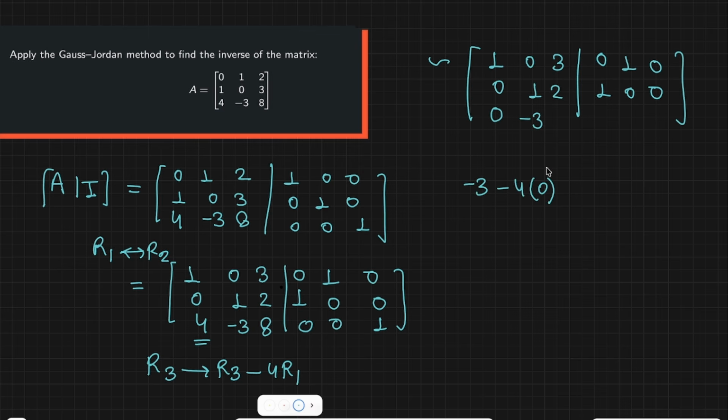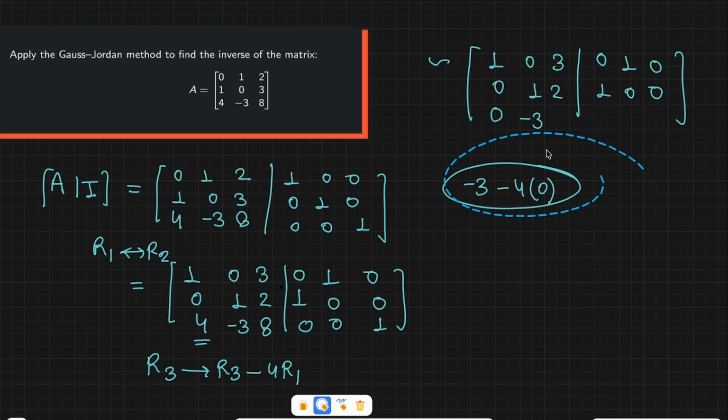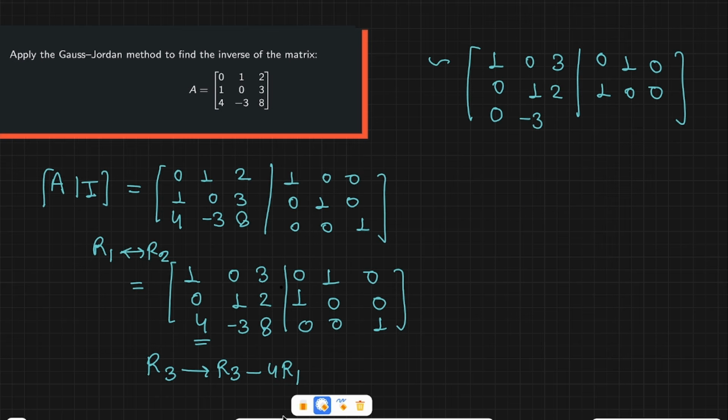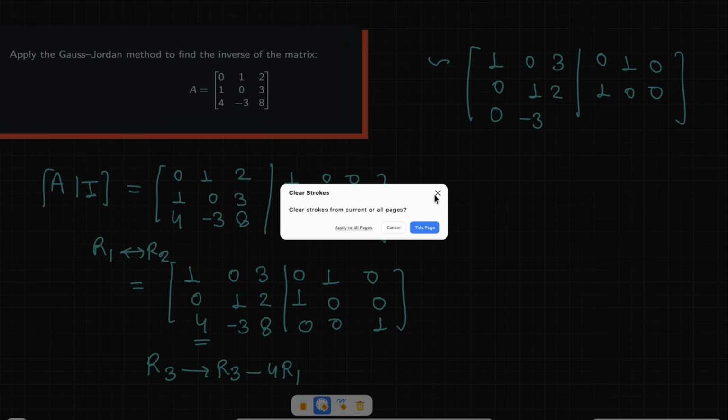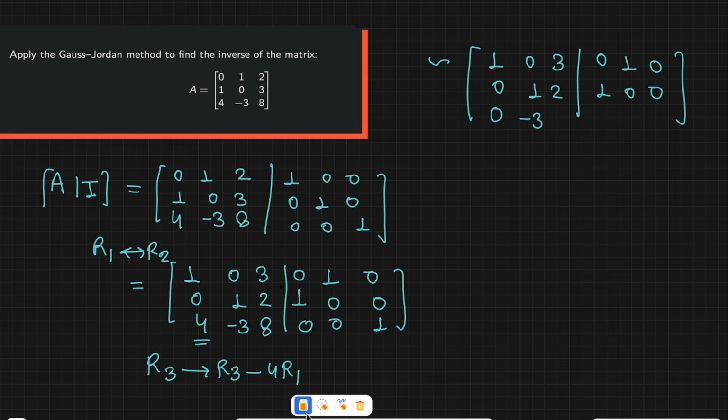Okay, then what to do, then we have, okay, yes, then 8 -4 into 3, then 8 -12, it is minus of 4, so here it will be minus of 4. Next is your 0 -0, okay, it will be 0.